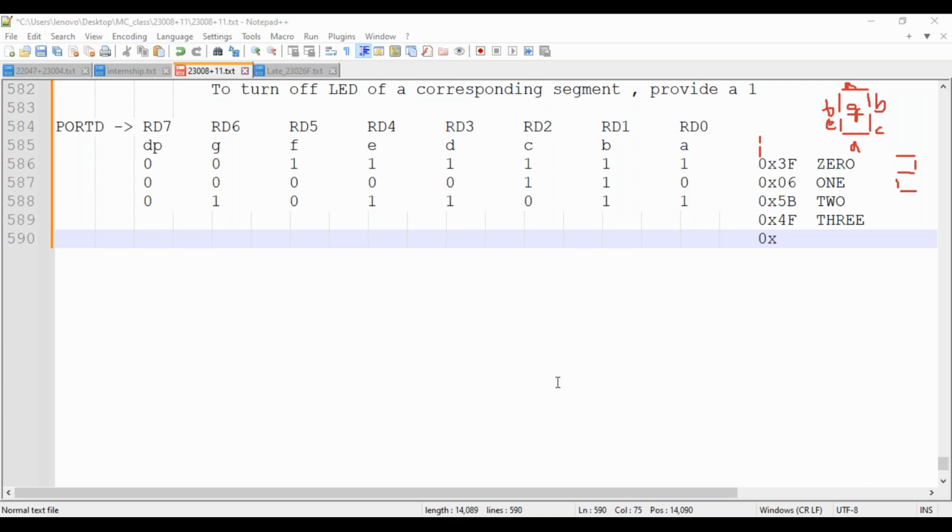For 4 it is 66. Okay. 66 for 4. Okay. So you can fill it up later.